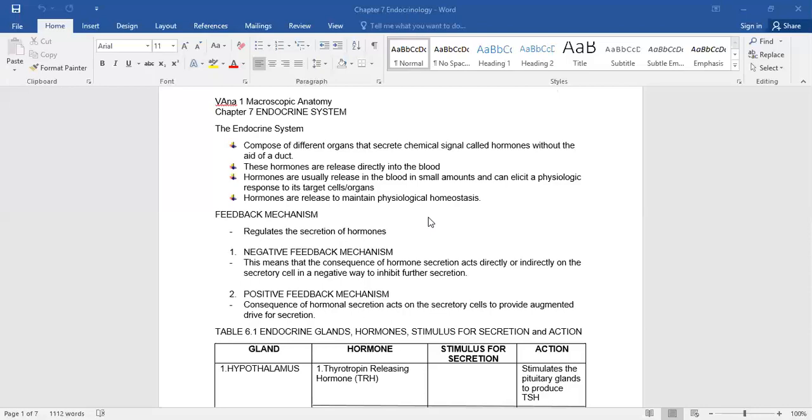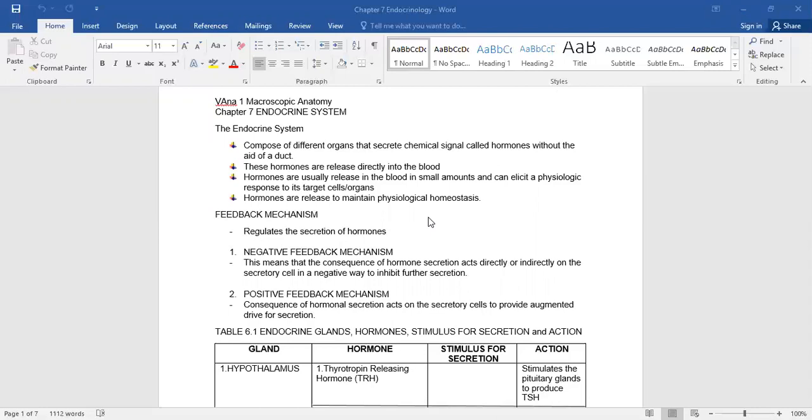the endocrine system, whether it is toxicity or there are more hormones being produced by a certain gland or less hormones produced by a certain gland. So there are diseases that are often being associated with the endocrine system.